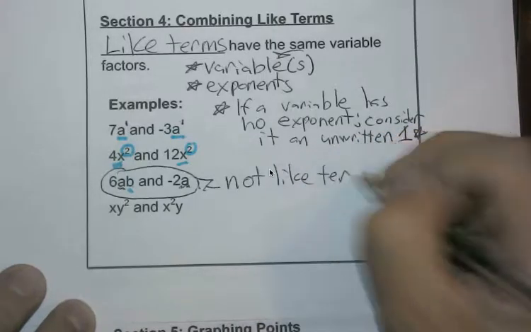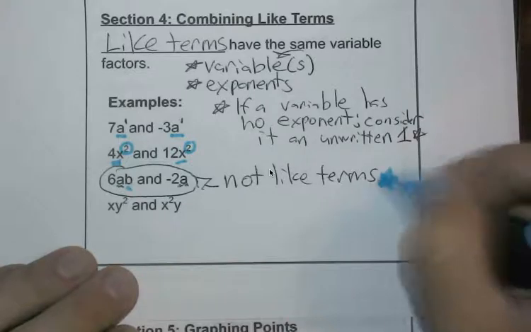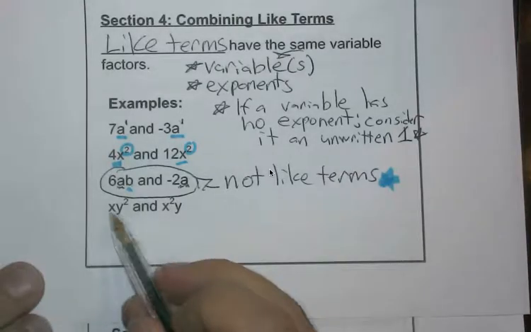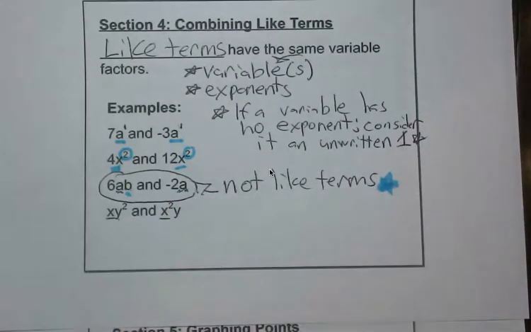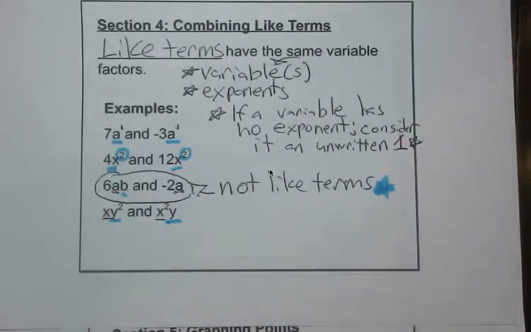That's really important to know because you can spot them, but it's important to also know when they're not like terms. And although with this example here, we see both terms have x here and here, both terms have y here and here, but are these still like terms? Does each variable have the same variable as the other term?